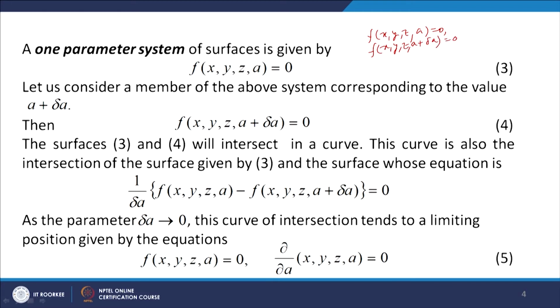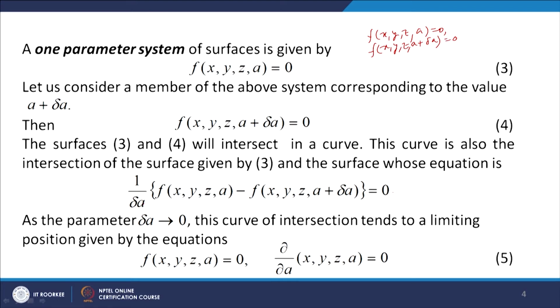So, the curve of intersection of the surfaces 3 and 4 will be given by these two equations, and when these two equations hold, this equation (1/delta a)[f(x, y, z, a) - f(x, y, z, a + delta a)] = 0 will also hold. So, the curve of intersection of the surfaces 3 and 4 will also be the curve of intersection of the surface 3 and the surface given by this equation.